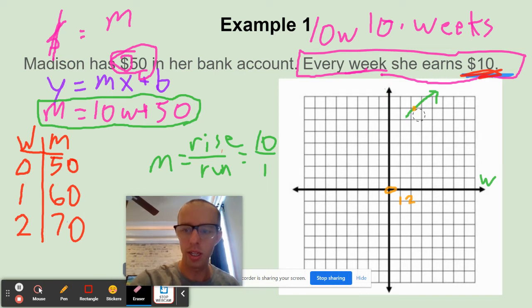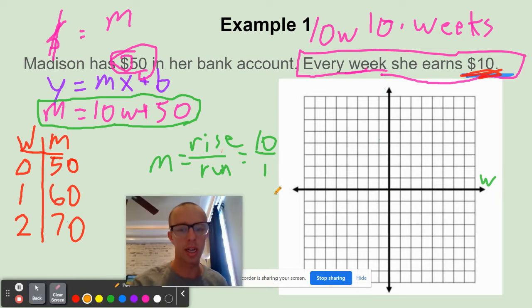The other way I could create a graph, all I need is 2 points. Any 2 points can be connected into a line, right? Well, guess what? This table over here, these are points. Like these pairs, these are just ordered pairs that can be graphed. So again, I could say I'm counting by tens here. I could have a point here, right?